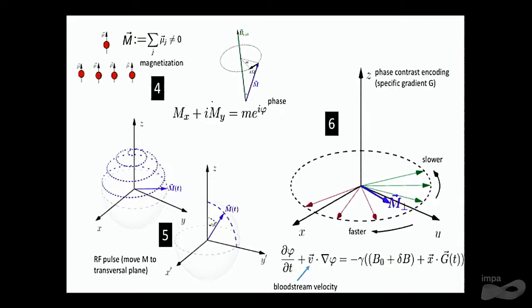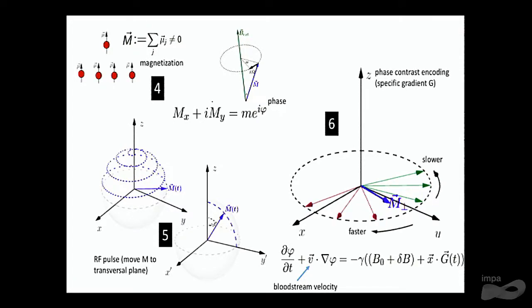Then this magnetization, you can drive it to some plane. So the important components will be the x and y components, and then you can distinguish the modulus and the phase of this magnetization, and then you can work just with the phase.